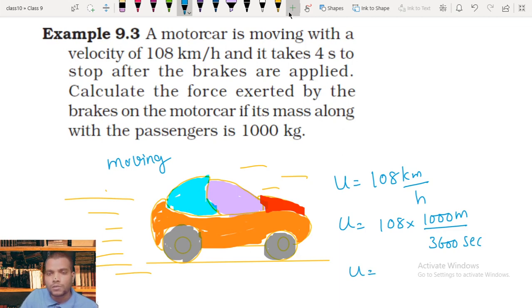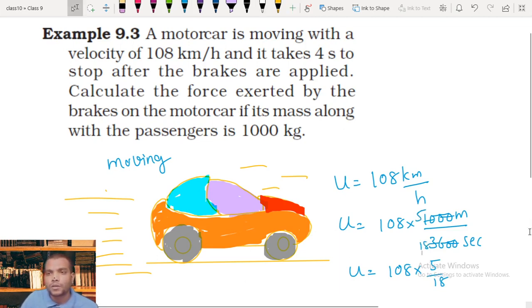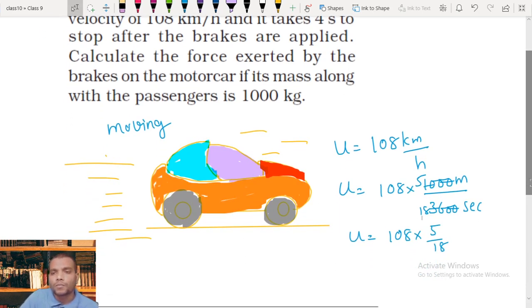So initial velocity u equal to 108 times, if we do this calculation, it becomes 5 by 18 meter per second.